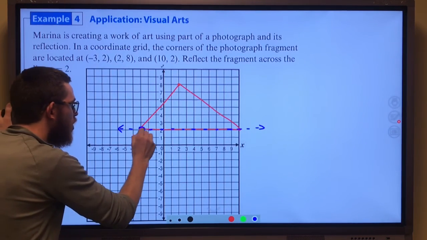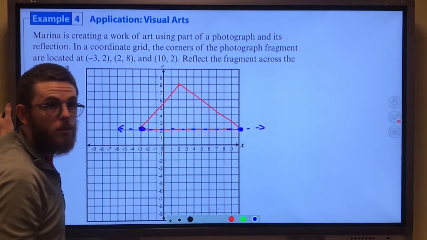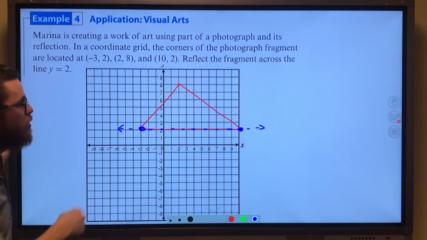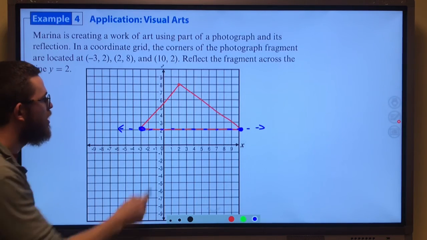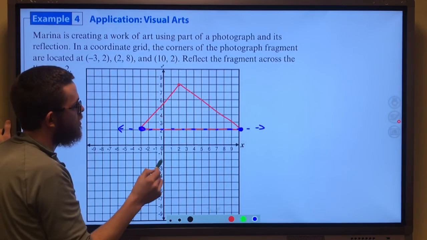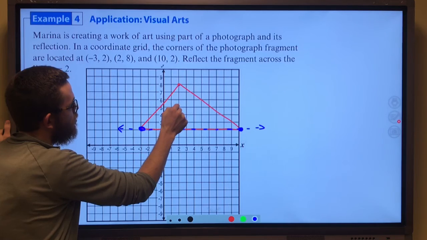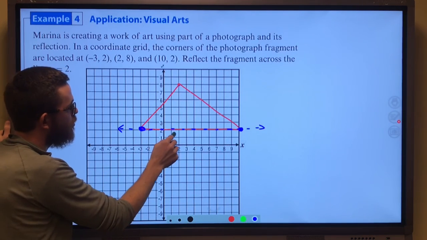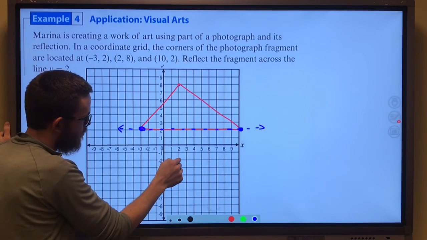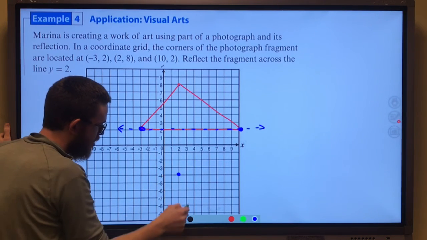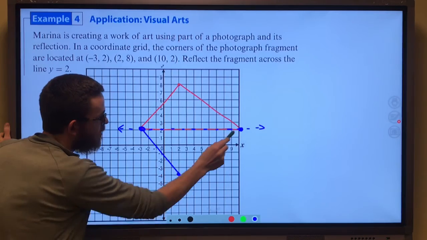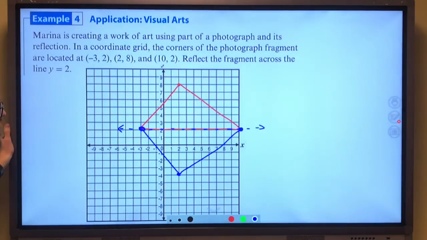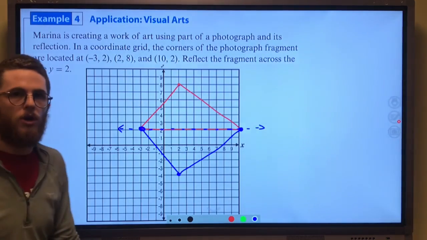Well, these 2 points on the line are not going to move. They have a distance of 0 to get to the line of reflection, so 0 away means they do not move. It's just this point right here with a distance of 1, 2, 3, 4, 5, 6 to get to the line of reflection, so we go 6 away. 1, 2, 3, 4, 5, 6. And so our reflected diagram looks like this. There we go.